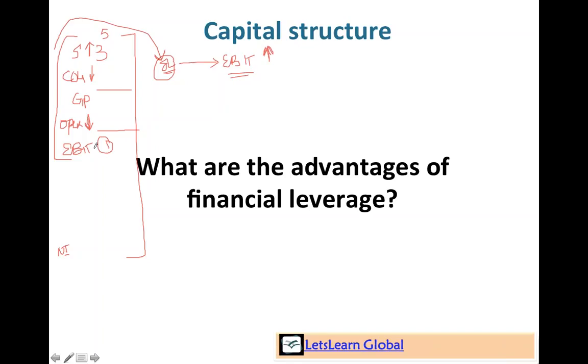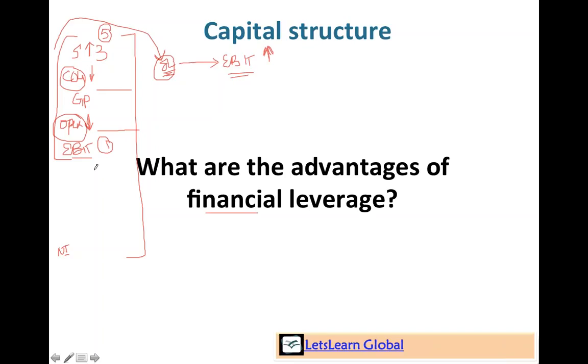Oh my God, to get $1 of EBIT, I have to make a revenue of $5, which is a tedious job for me, which means my cost of goods sold is higher, which means my operating expenses are not in my control. So we can find this out from operating leverage. It's a very, very good ratio to find out the EBIT in terms of sales.